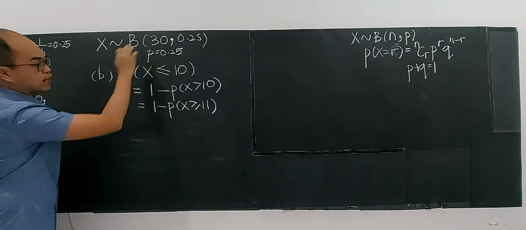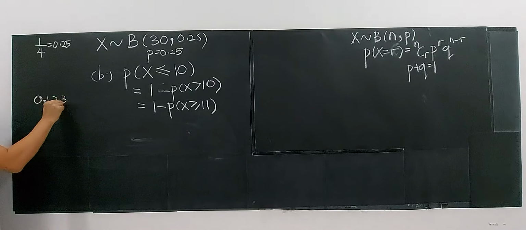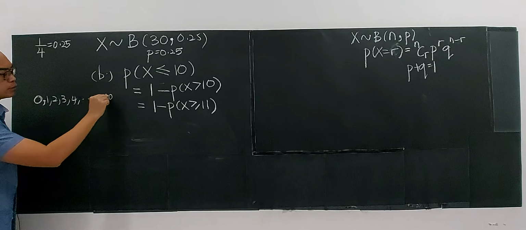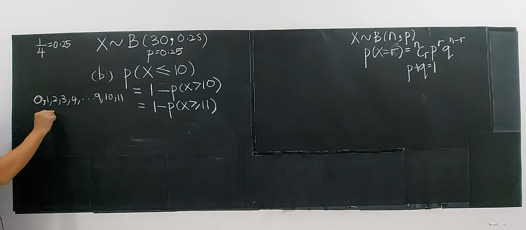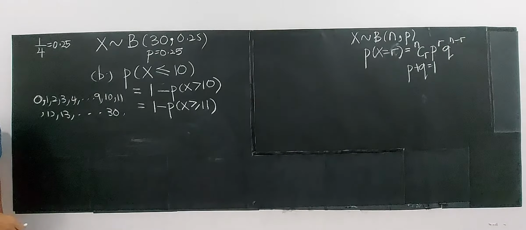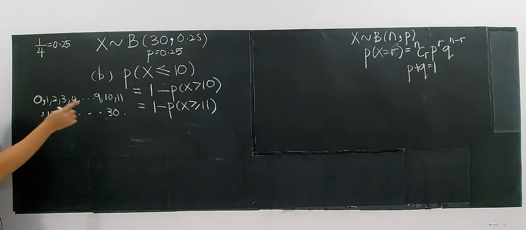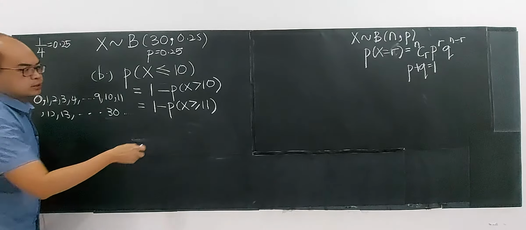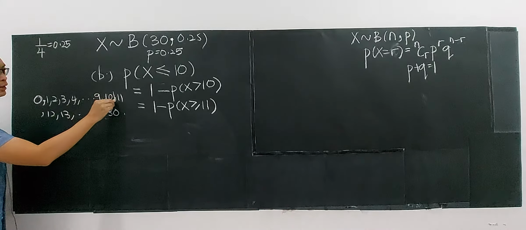You have 30 tries, so it can be none of the questions correct: 0, 1, 2, 3, 4, so many numbers up to 10, 9, 10, 11, 12, 13, up to 30 tries. Maybe you get all correct, maybe none of them correct. There are only 30 tries. So x less or equal to 10 means this is the number, right?